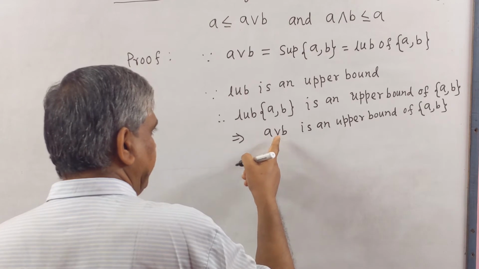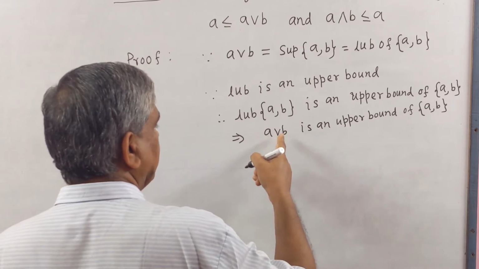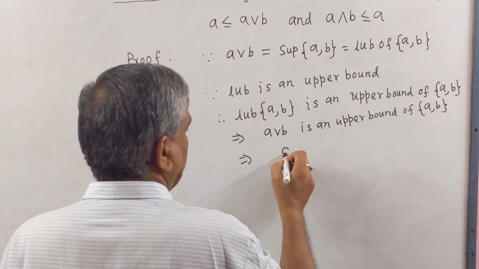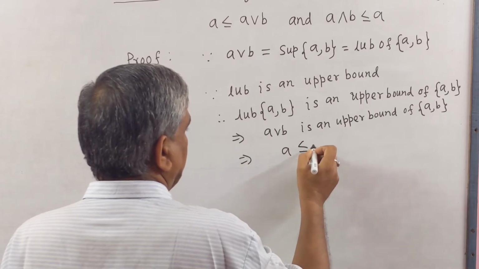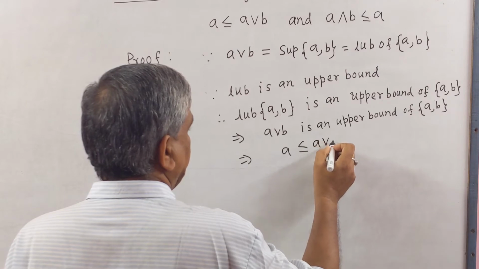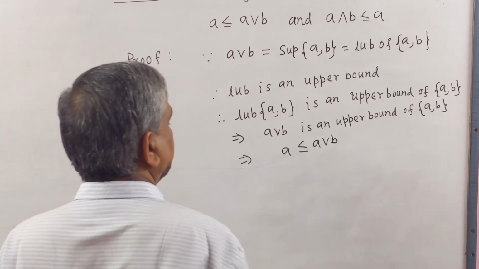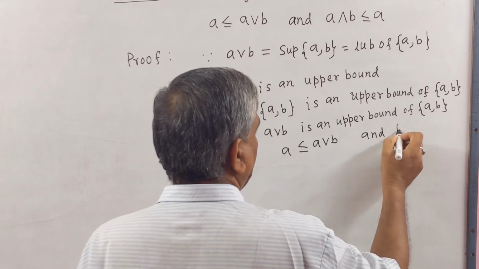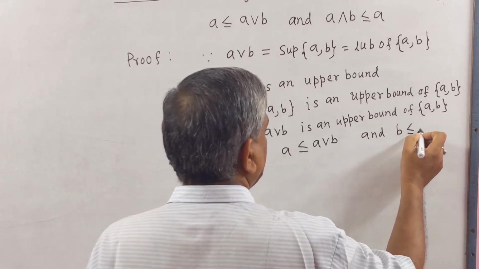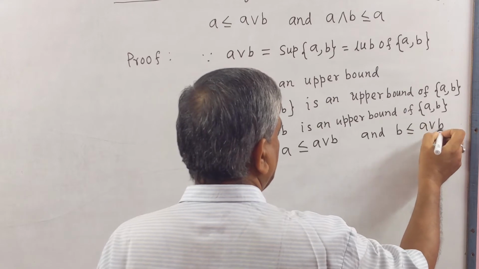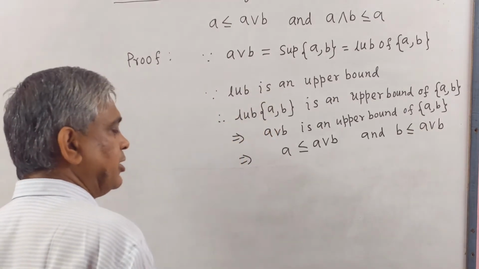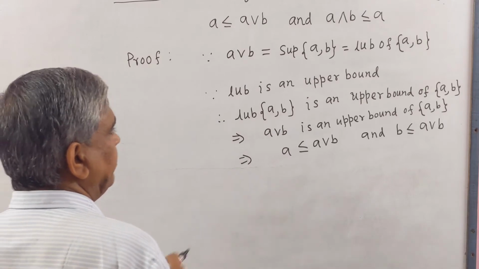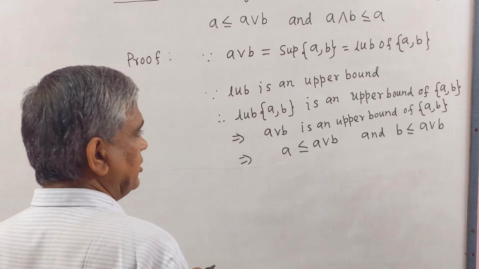Since it is an upper bound, means A less than equal to A joins B and B less than equal to A joins B. Here we are using less than equal to, but it is a partial order relation. It may be any type of partial order relation.